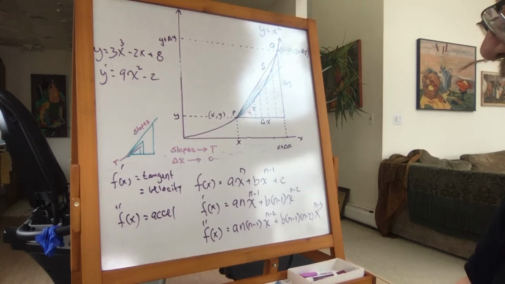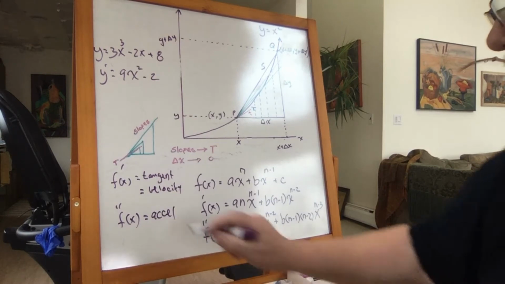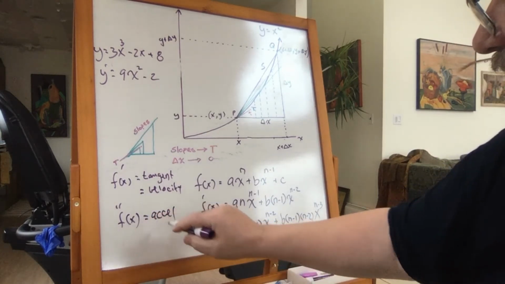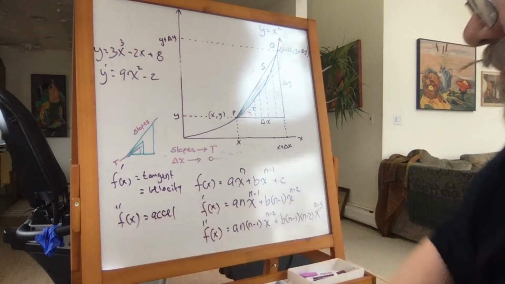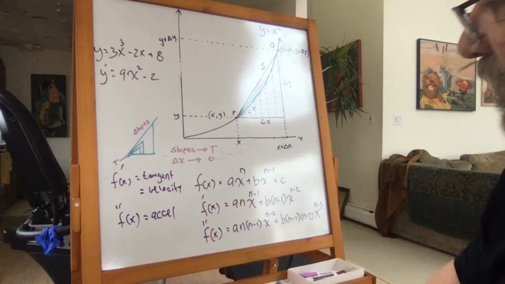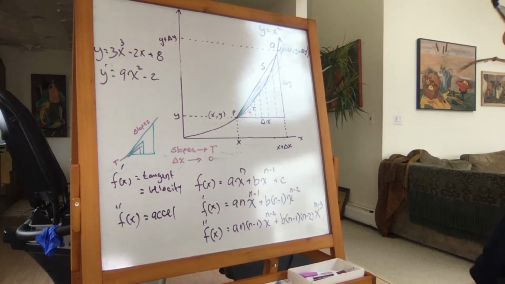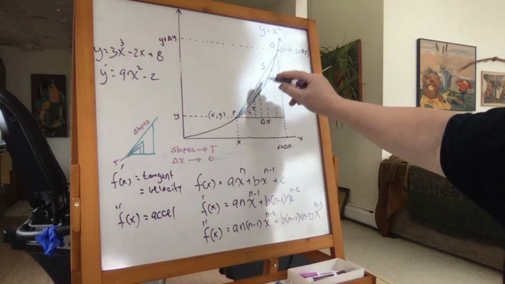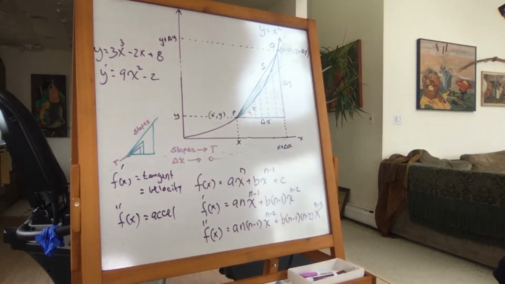That's also an acceleration, but in the opposite direction. That's called deceleration. But acceleration, deceleration, they're always a second derivative. They are the rate of change of the velocity of the curve.